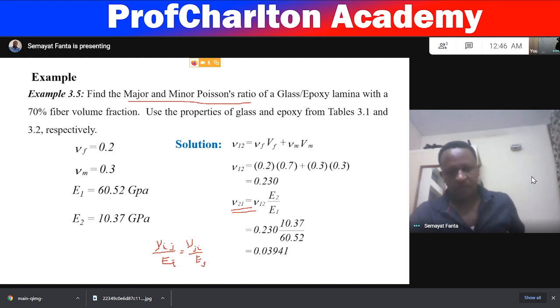This is called the Maxwell reciprocal theorem. So the major Poisson ratio in the ij over the Young's modulus in the i direction is equal to the Poisson ratio of ji over the Young's modulus in the j direction, which helps us to relate this value. So from that we can get this answer.